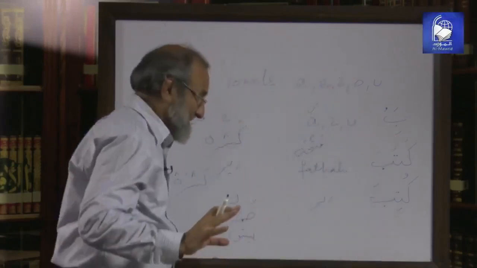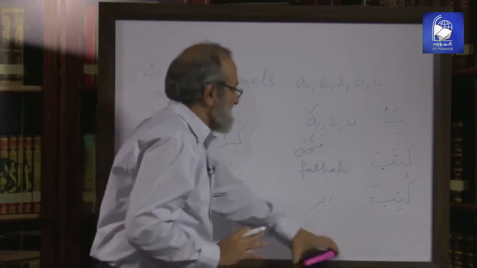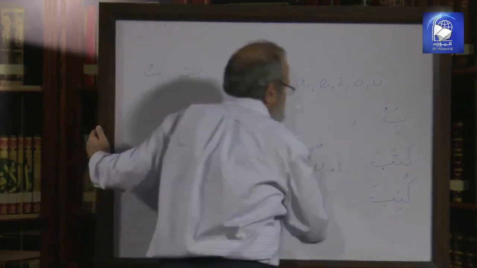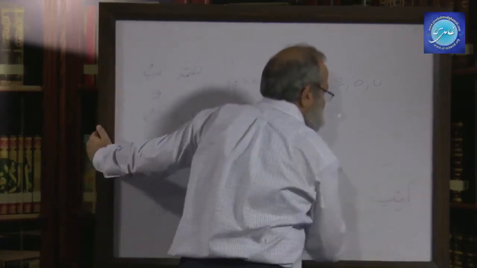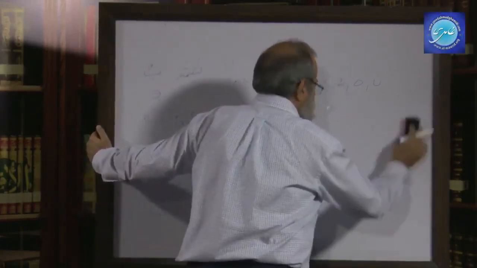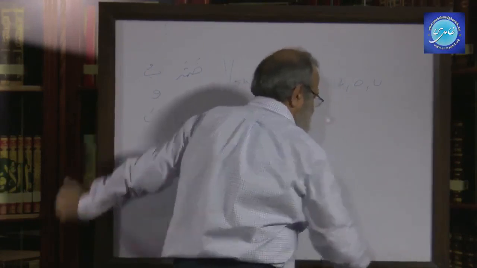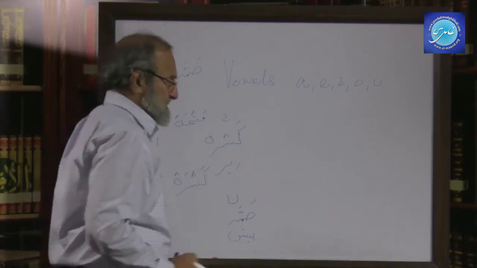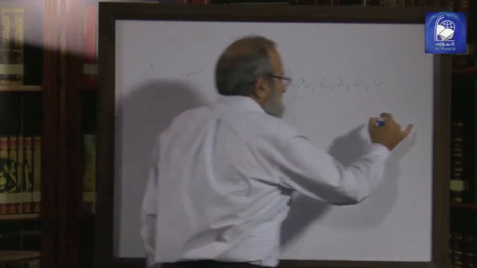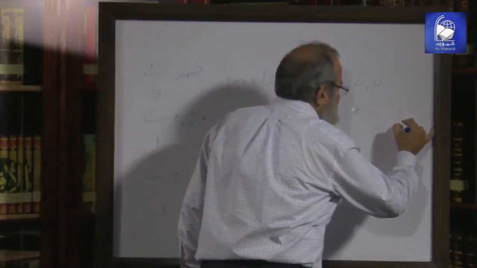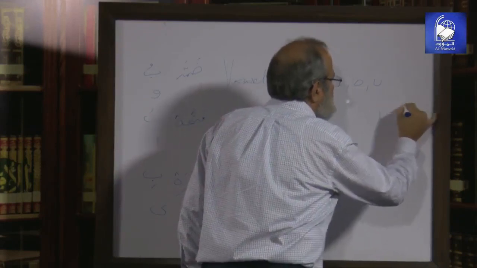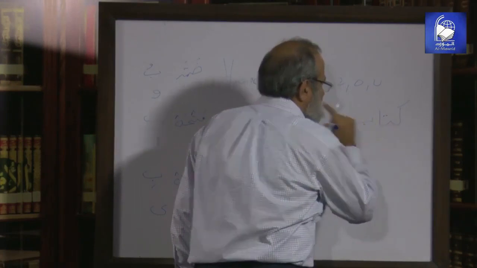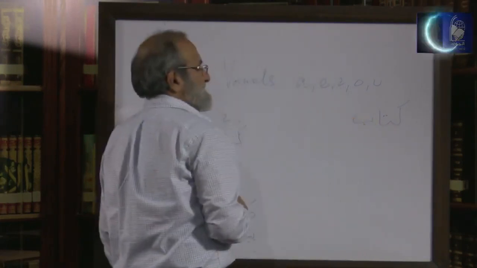Now, let me try to make things simpler. Let me give you the example of three words to make things less complex. There is a famous word, kitab, book. You write it without vowels, and it's like this.